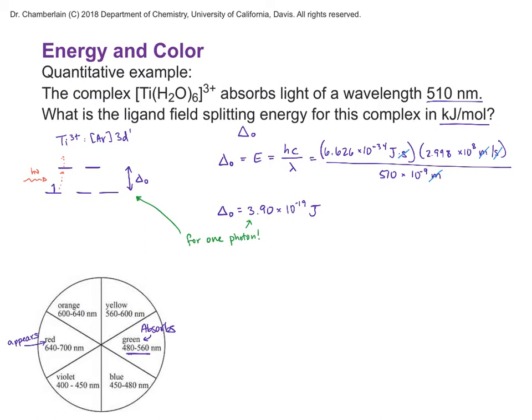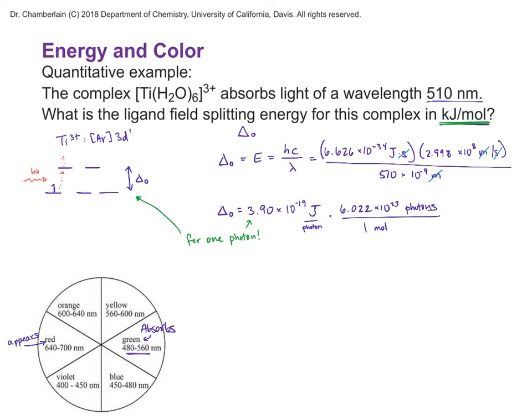So my question was actually asking me for energy in kilojoules per mole. So I need to think about what that energy would be for a mole of excitations, which would mean a mole of photons. So I would take this energy in joules per photon, and I would say, okay, I could have a mole of anything, so how would I have a mole? 6.022 times 10 to the 23 photons in 1 mole?